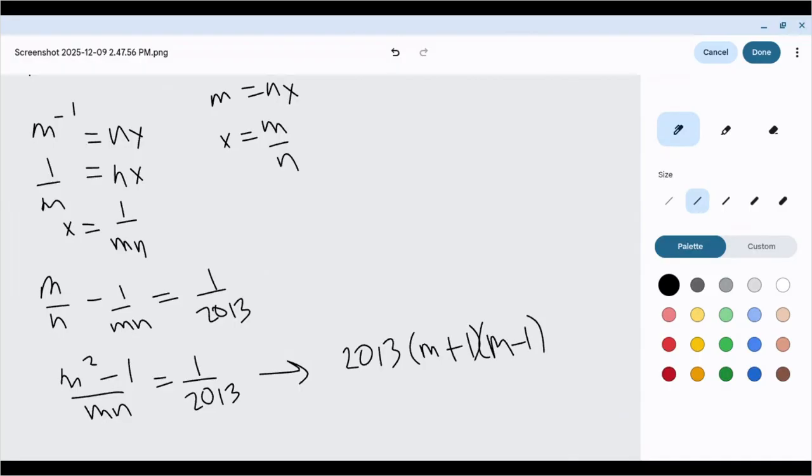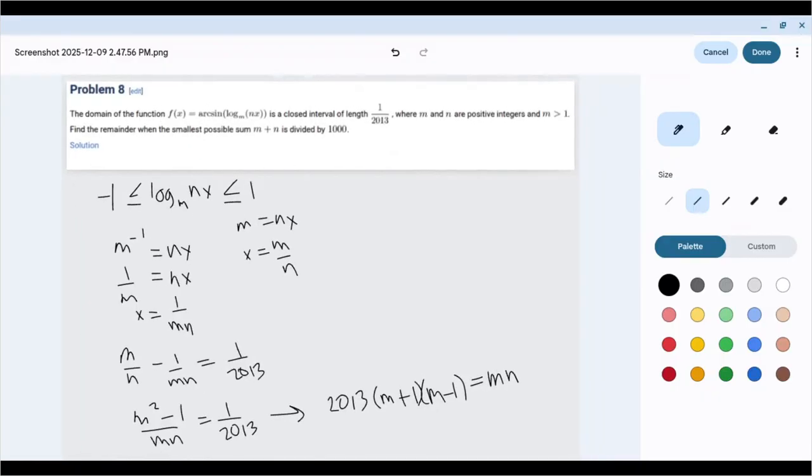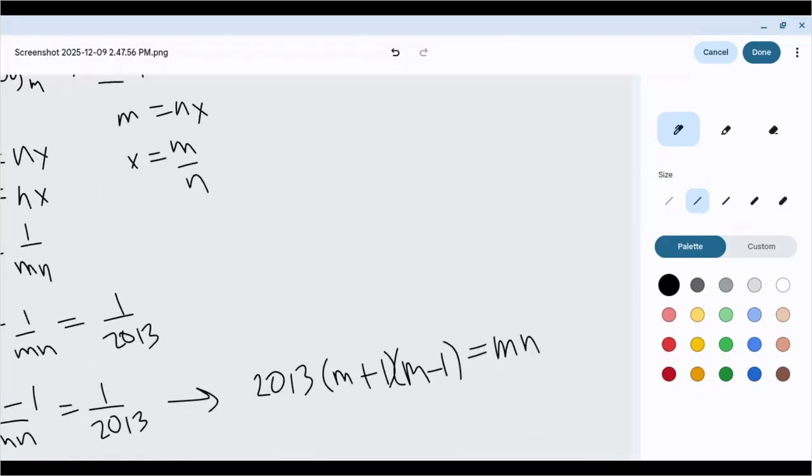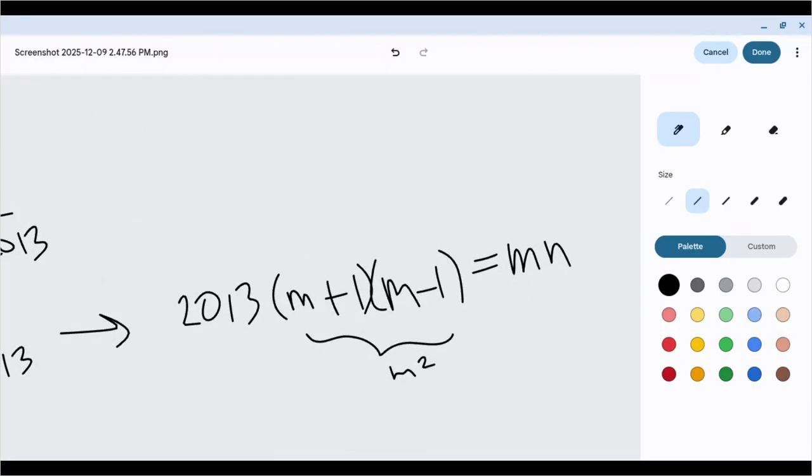And then cross multiplying, this is equal to mn. Notice how this is almost like m squared, and the bigger that m gets, the bigger the entire thing gets, and the bigger that n will get.